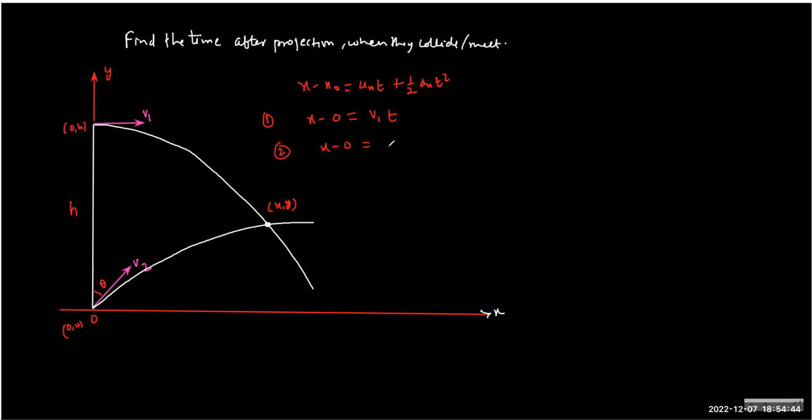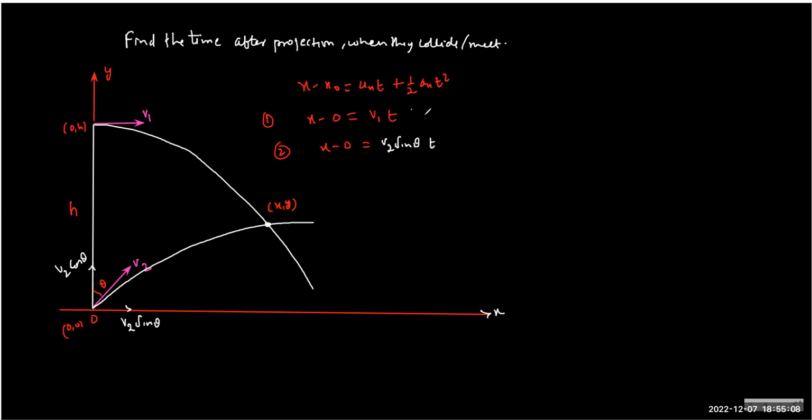So v2, this is theta, no? So this is v2 cos theta. This is v2 sin theta.